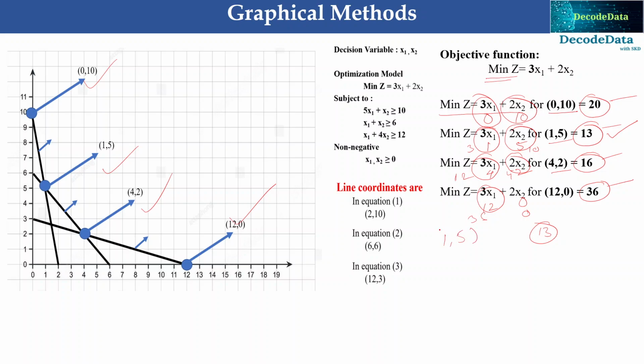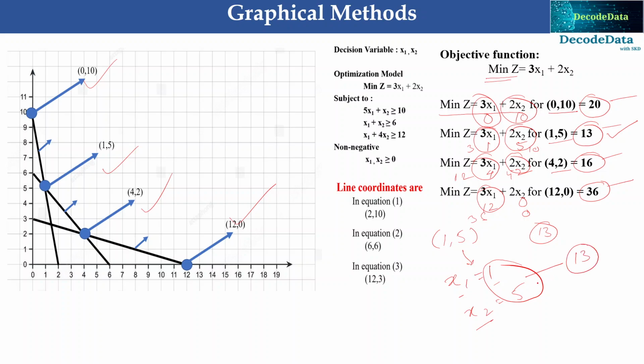Now what do these coordinates indicate? They indicate that if you produce 1 unit of x1 and 5 units of x2, the total cost incurred will be 13, the minimum cost.